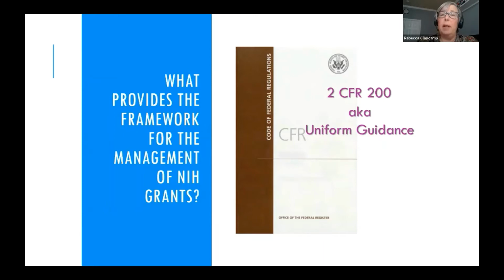They chose to either implement it as is, or they came up with their own version of interpretation of the uniform guidance. For example, the National Science Foundation has its own interpretation of uniform guidance. And for all of the agencies in HHS, the Department of Health and Human Services, of which the NIH is a part, it is included in 45 CFR Part 75.